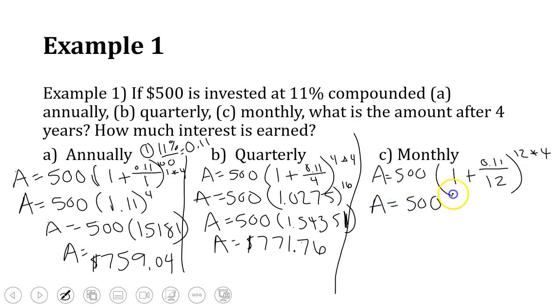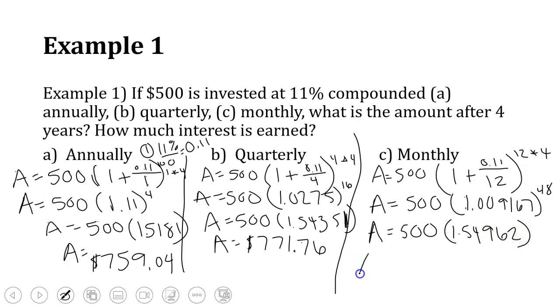So handle what's inside your parentheses. So divide, then add your 1, and you get 1.009167. And then 12 times 4 is 48. So raise that to the 48th power. So then you get 1.54962 and multiply that with the 500. And so you get 774 dollars and 81 cents.